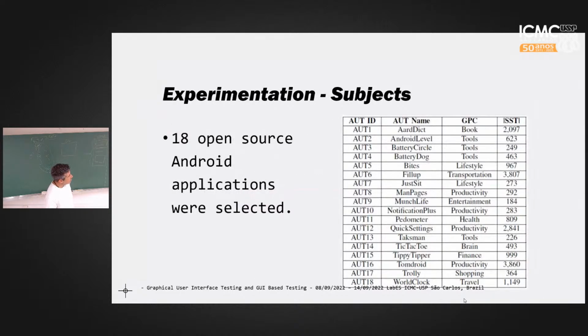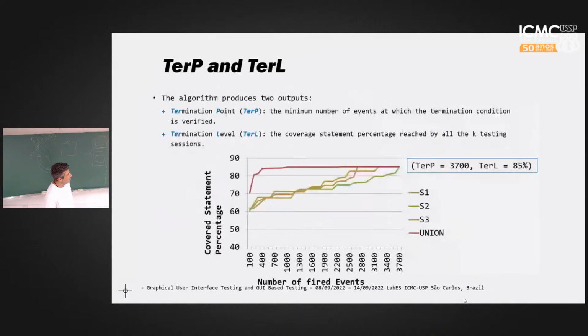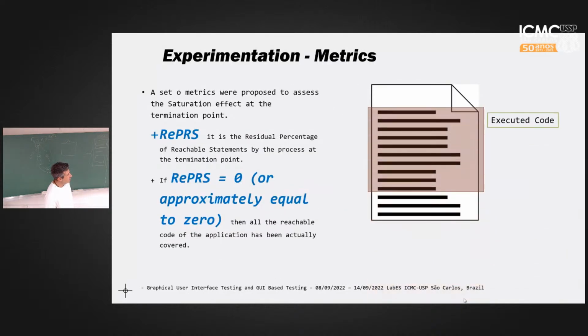We did it on 18 open source Android applications, and we analyzed the residual percentage. As an example, if this is the executed code, the rest is the residual percentage, right? If the executed code is 80%, the residual percentage is 20%, right, guys?